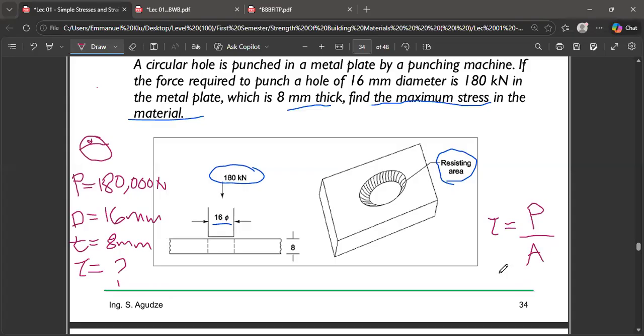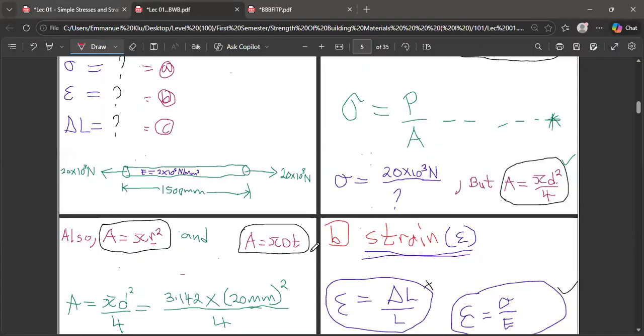Force over area. You know the force, but I realize that the area is unknown. The other day, I gave you so many formulas for area. But in this case, you are going to realize that this is the one that we are going to apply. Area is equal to pi times the diameter times the t.